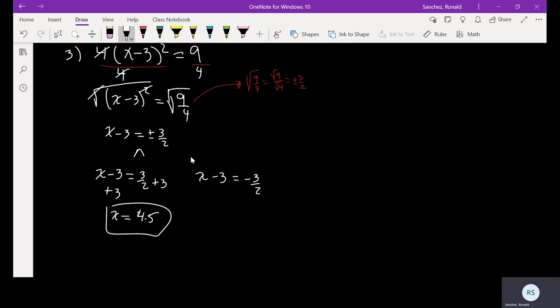And on this one, if we add 3 on both sides, x is equal to, by the way, 3 halves is equal to 1.5, or negative 3 halves is equal to negative 1.5. So negative 1.5 plus 3, that's equal to, what would that be, positive 1.5. So we get 1.5 on this value.